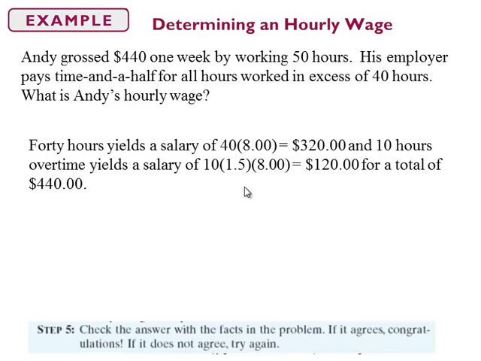Three halves of 8 is 12. So he'd be making 12 dollars per hour for overtime. 10 times 12 is 120. 320 plus 120 is 440. So that verifies our answer.